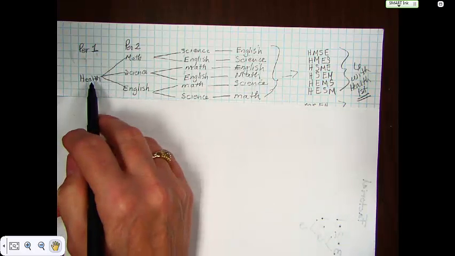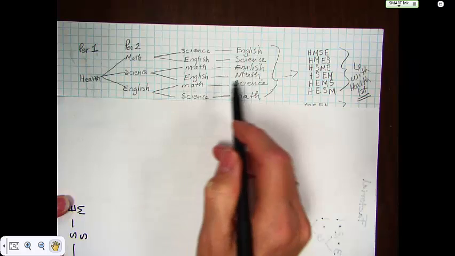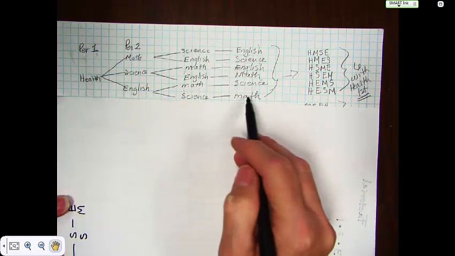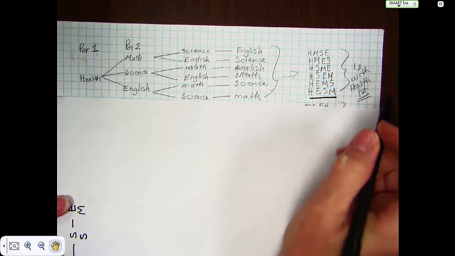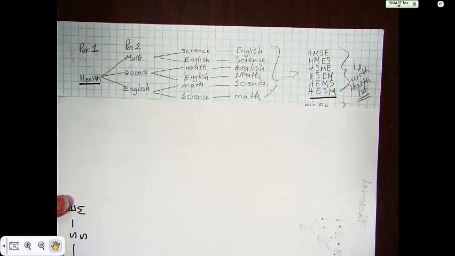Or with health first, you could have second period English, third math, fourth science, or the other way around. Already you have 6 possible combinations with just health being your first one. Interesting, huh?